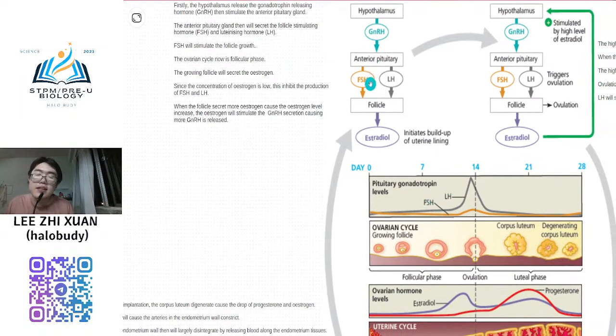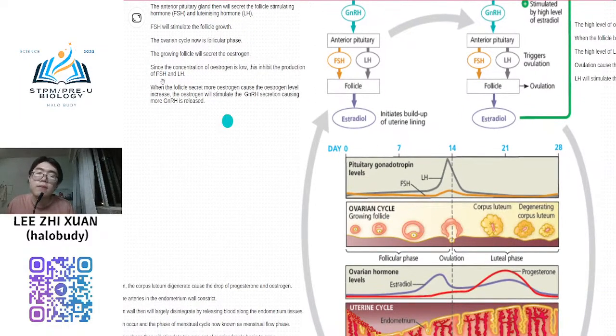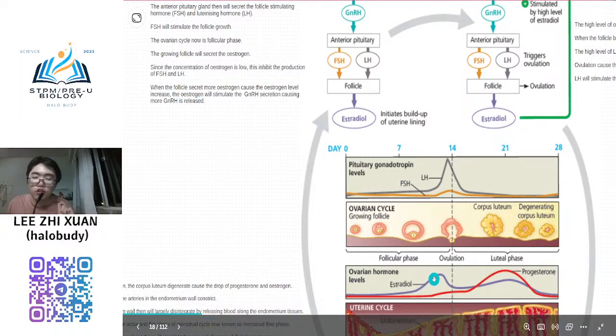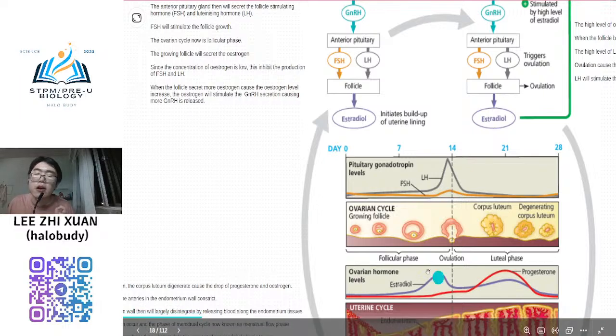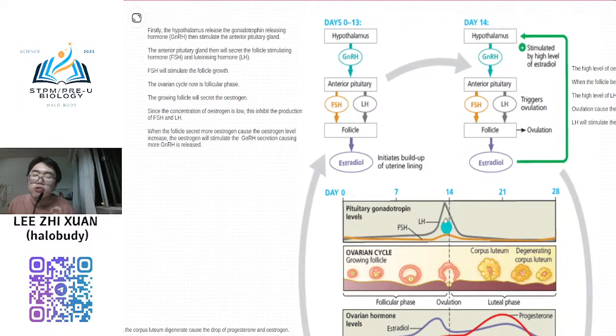Although FSH is inhibited, at the initial state FSH is starting to be secreted, so FSH will start to develop the follicle, and the developing follicle starts to secrete estrogen, a little amount of estrogen first. That is why you see the estrogen level rising here, and this will cause FSH and LH to start to increase.